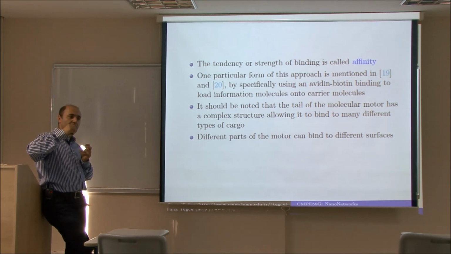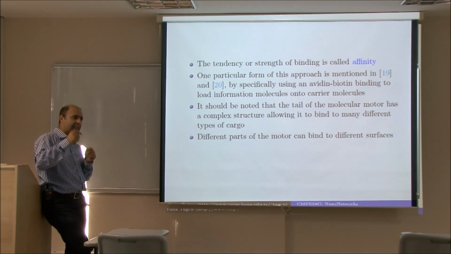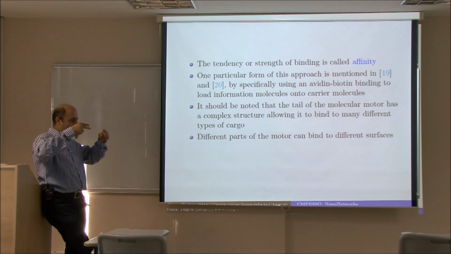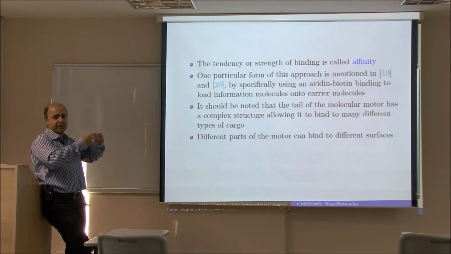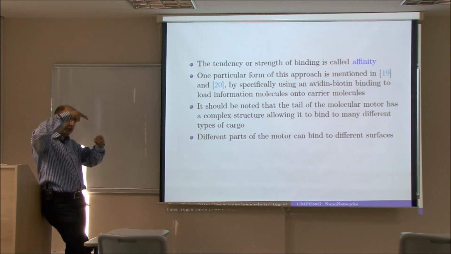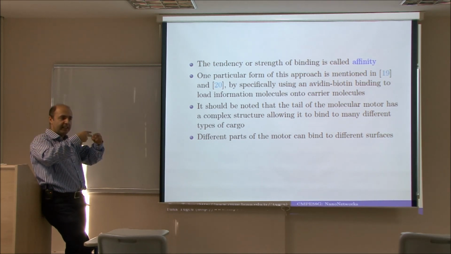Once it's close enough, the receptor can pull it in a way that this coincidence will be likely. So one particular form of this approach is mentioned in 19 and 20 by specifically using an avidin-biotin binding to load information molecules onto carrier molecules, partly answering your question.